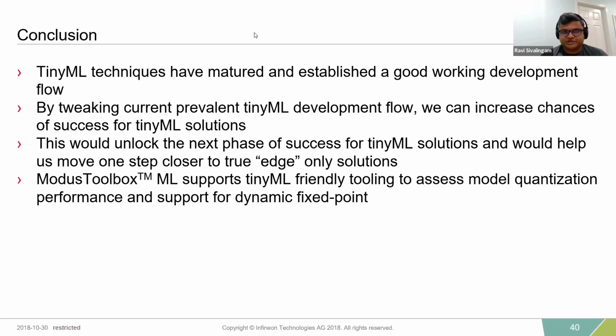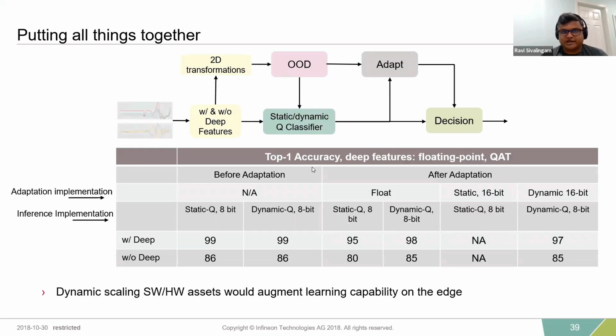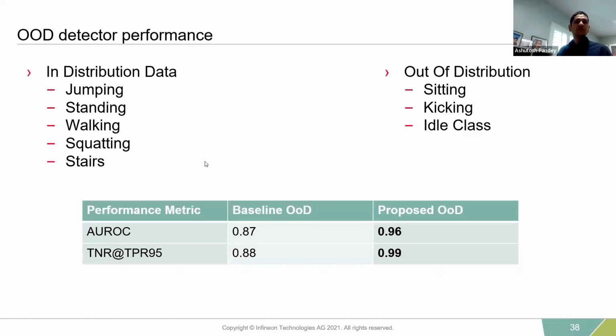So another question is on slide 39. What is the size of the data set that you used to make those numbers? And can this also be applied to computer vision tasks? Yes. So this comes out of this example where in distribution was this, the out of distribution was this.